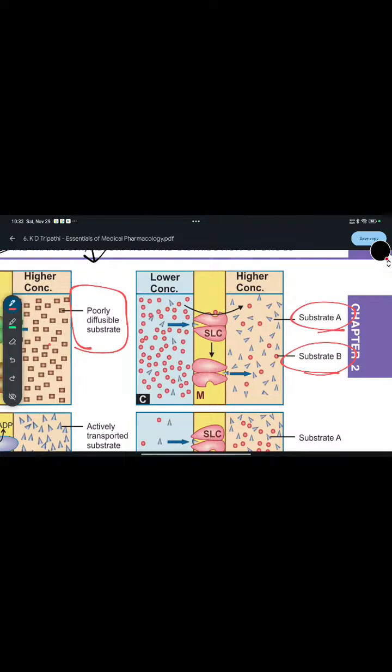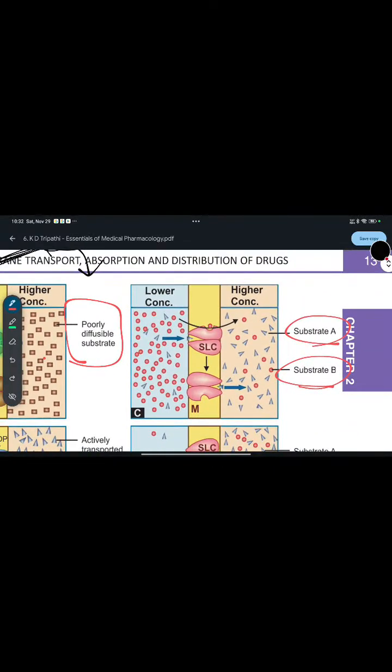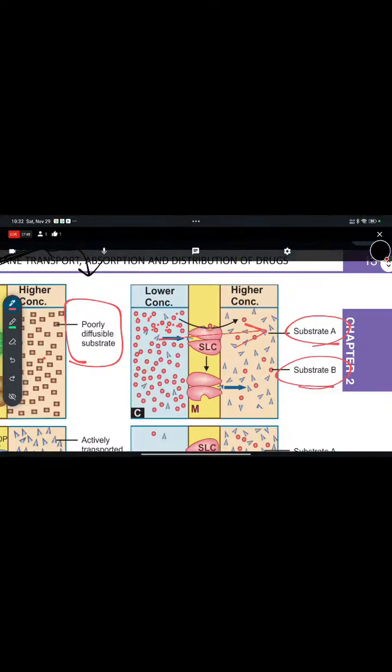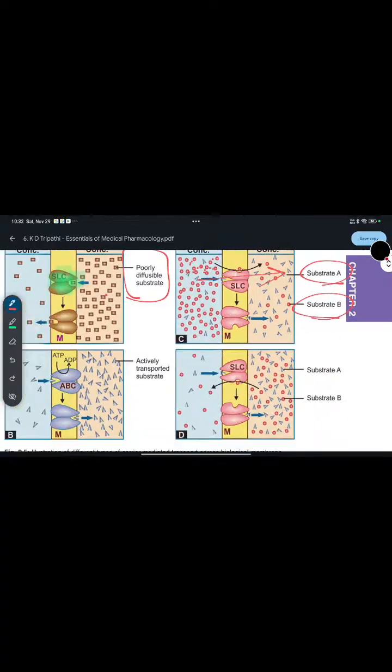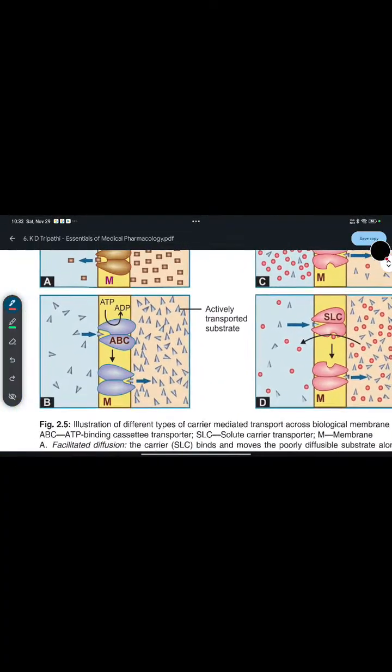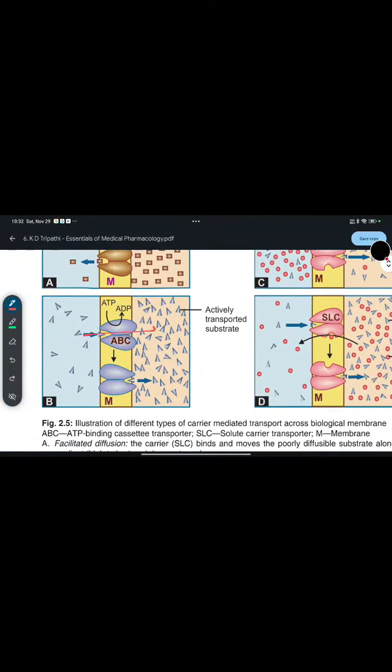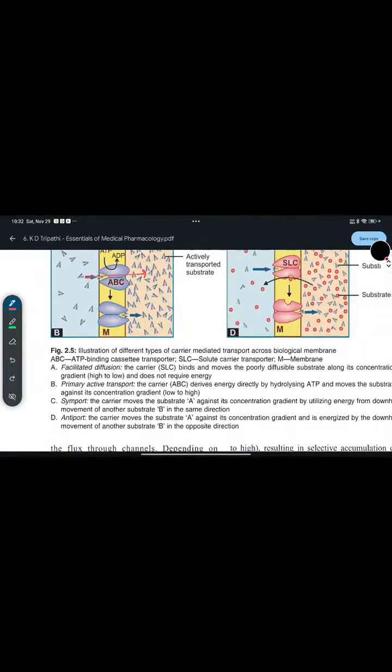In that case, what will happen? This round or circular shape substrate will go from one side to other side, and the transport of that circular shaped substances are only allowed. That is specific. And in that case, saturation. So see, facilitated diffusion.